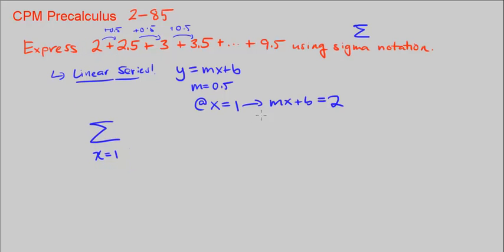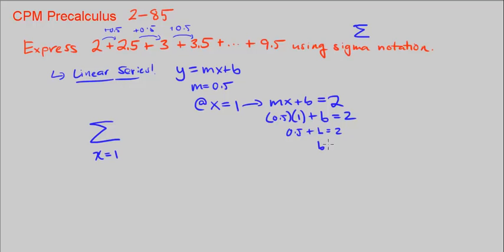Now I can plug this in. My slope is 0.5, x is 1, plus b equals 2, and I can use this to solve for b. 0.5 times 1 is 0.5, plus b equals 2.